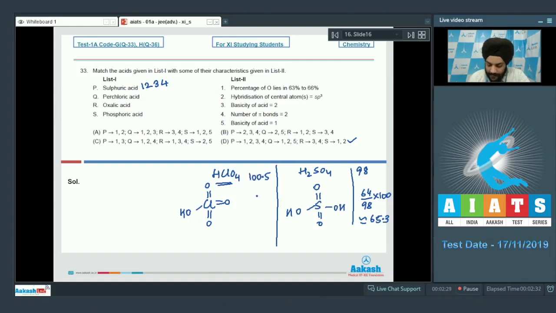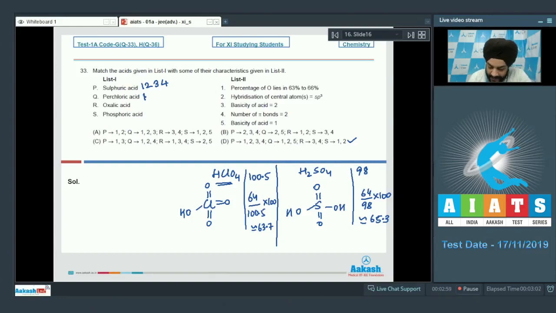And if we talk about the mass of oxygen, it is 64 grams. So if we talk about the percentage again, so 64 by 100.5 into 100. So this will be a little shy of 64%, students. It is approximately 63.7%.